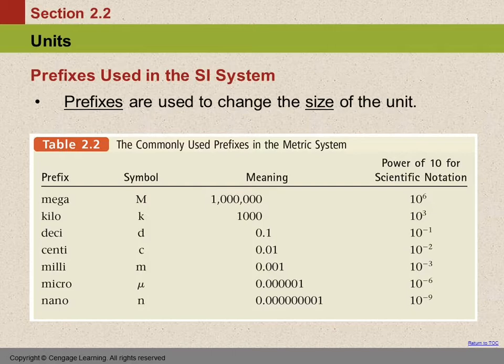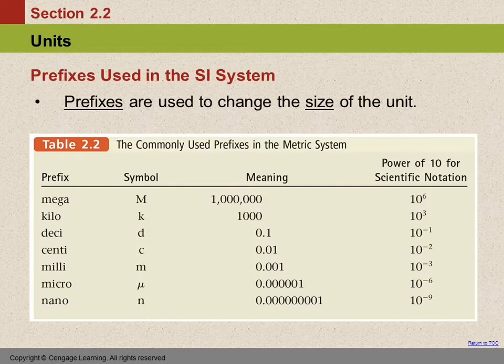So in the metric system, instead of having different units for these different sizes, we just have a prefix that scales them up or scales them down, and it's all based on powers of 10. A meter is about the same length as a yard. So if we're going to measure the distance between Reedley and Fresno, a meter is too small.